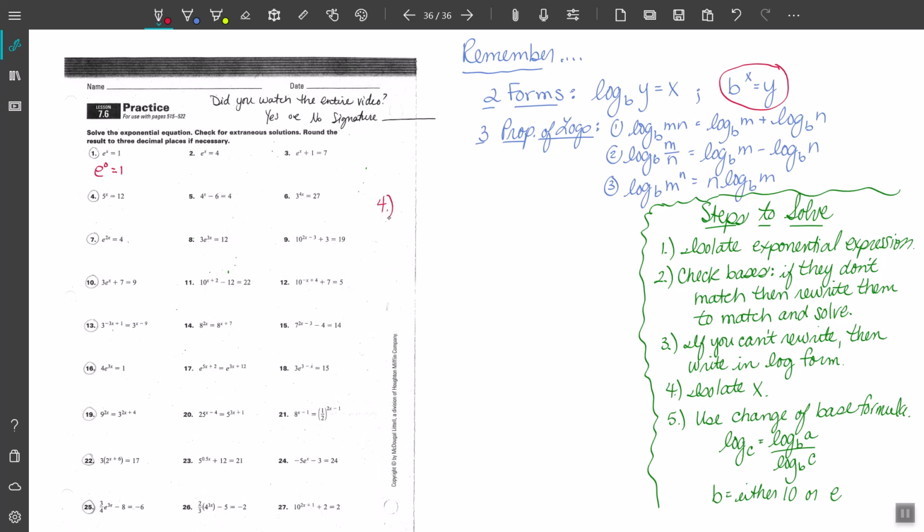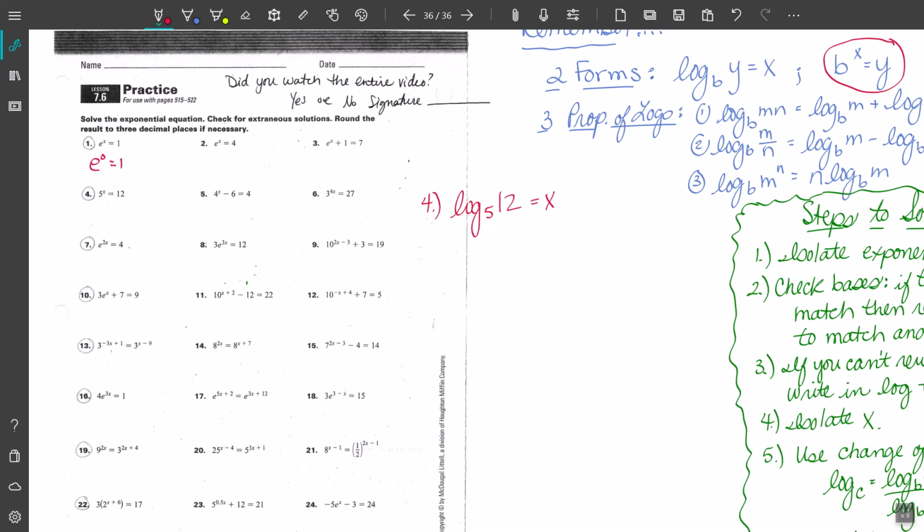So that would be using our form up here. We'll call it log. Our base is going to be that 5 because that's our b. Of 12 equals x. And if you're having trouble identifying where each of those numbers goes, you can just rewrite like we did in the previous lesson.